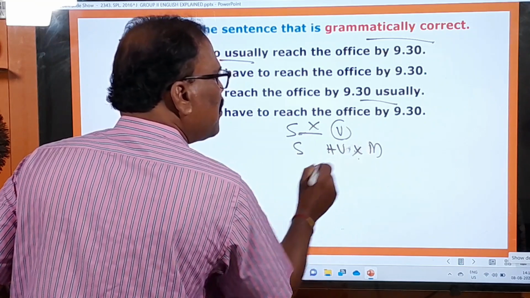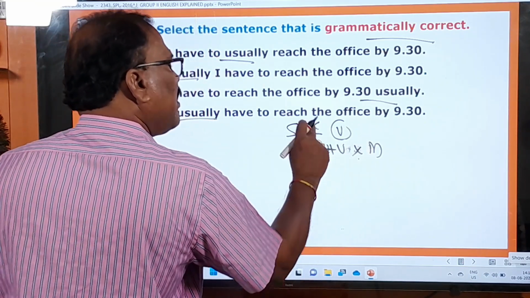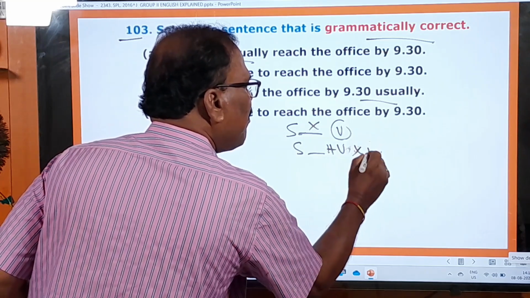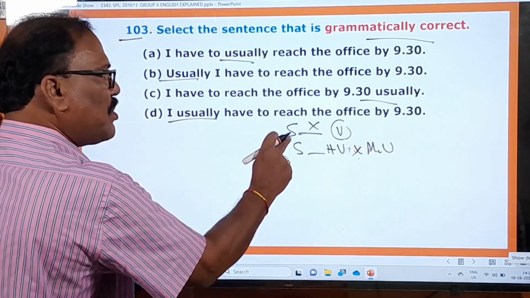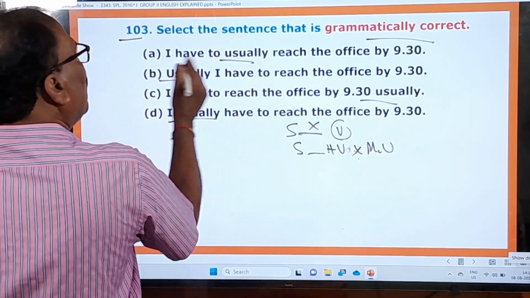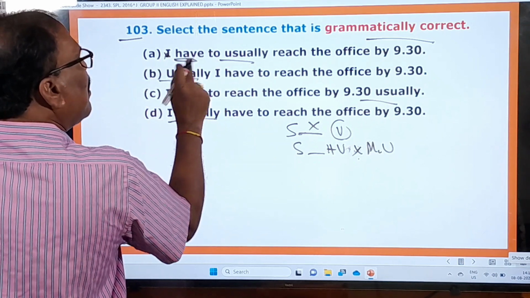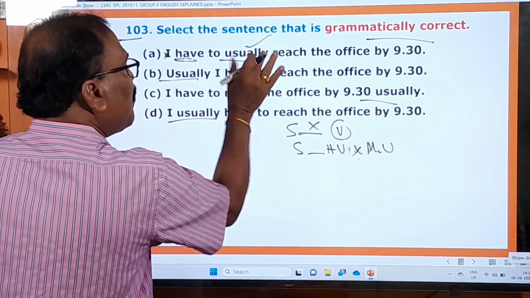So here, the verb is here, and it should have been used here: I usually. So I have to, somewhere else it is used, therefore it's wrong.